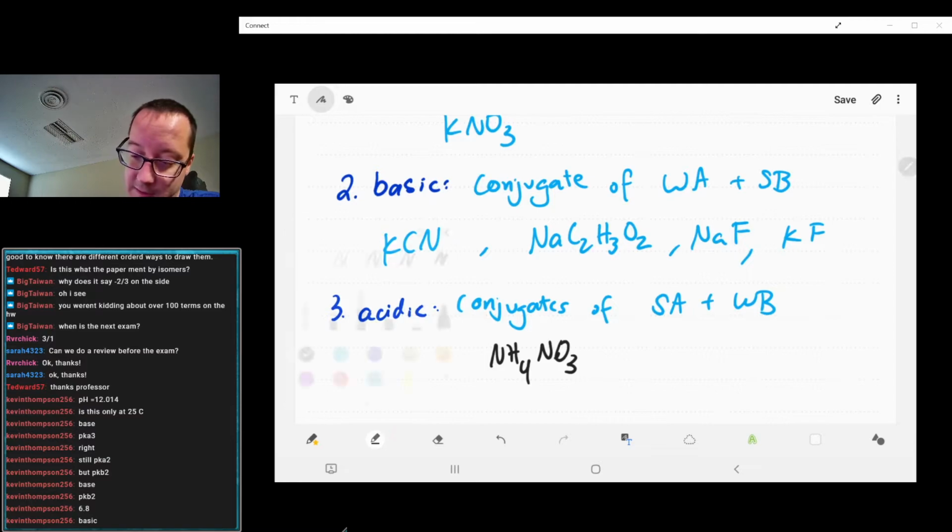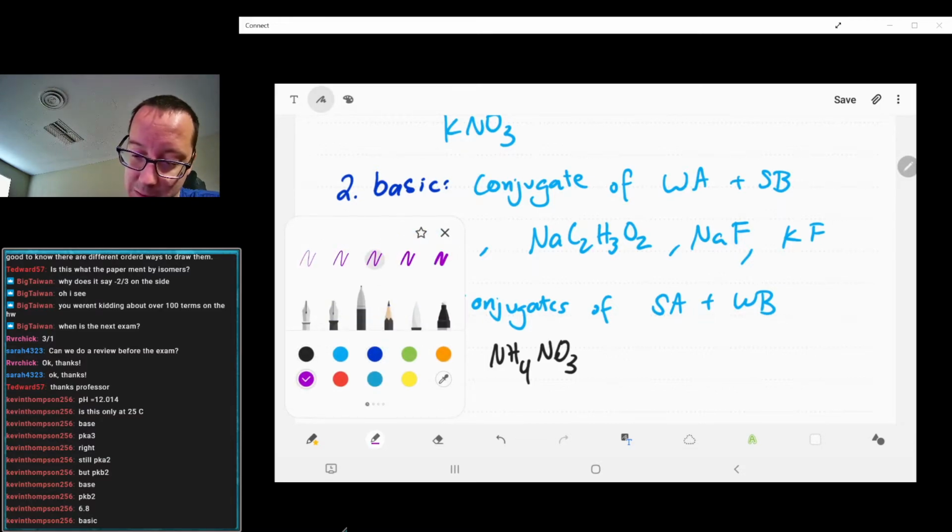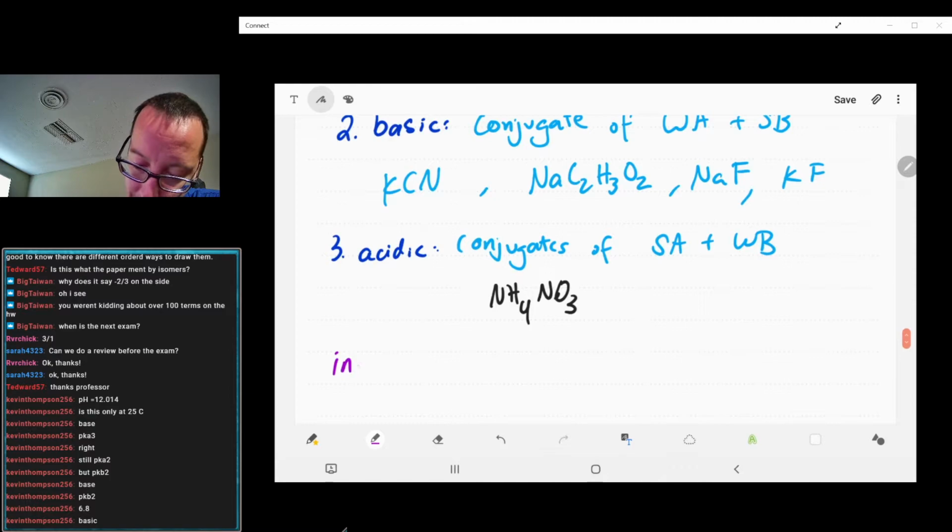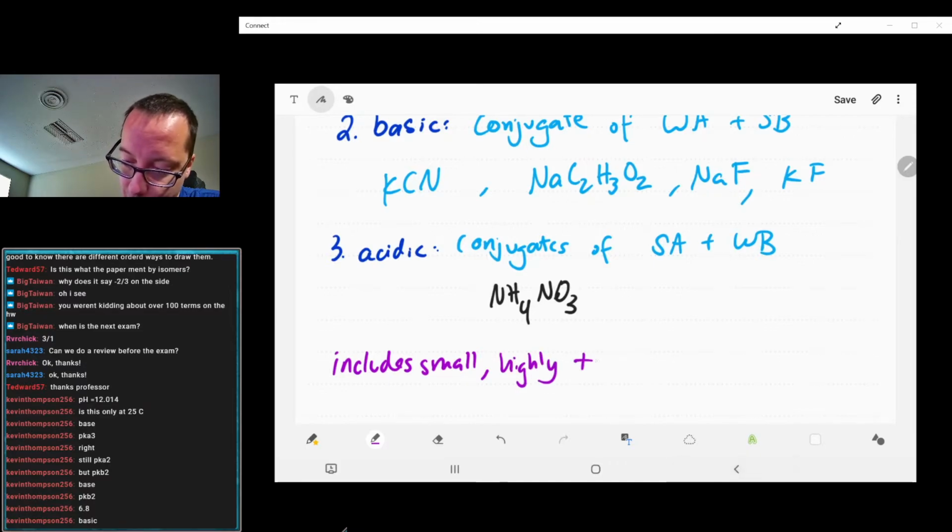We're going to see also this category will include certain small, highly positive ions. For example, iron and aluminum are also actually pretty acidic. These will work in a little different manner, but these would also function as acidic salts.